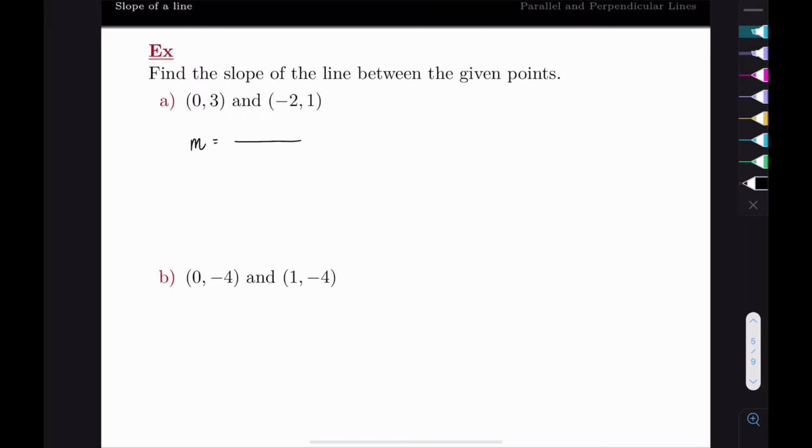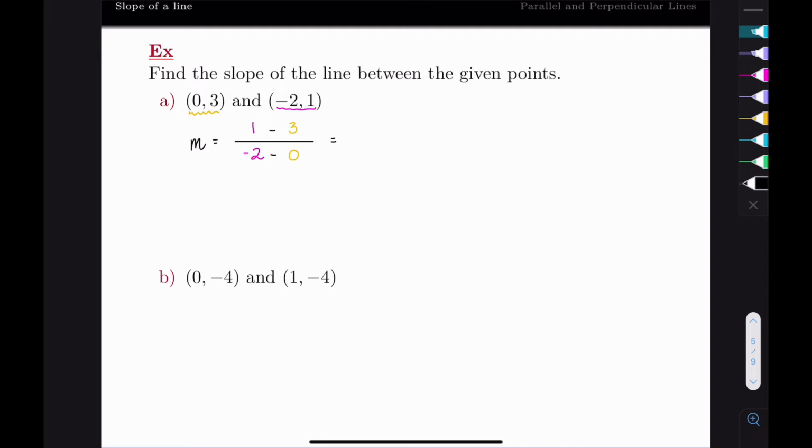It is a fraction, and we're taking the difference of two things in the top and bottom. So we'll make this our y2, y1. I put the y value up top, the x value in the bottom. And then we subtract our other point, y value up top, x value in the bottom.